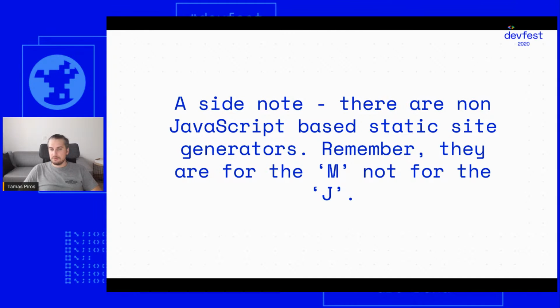But just to give you the whole picture, there are a lot of static site generators out there. There's Next.js and Gatsby, both of which are based on React. There's Scully, which is based on Angular. There's Nuxt.js and Gridsome, which are based on Vue.js.